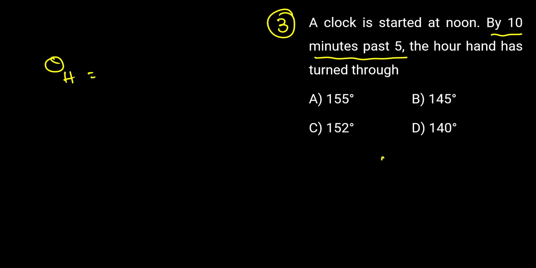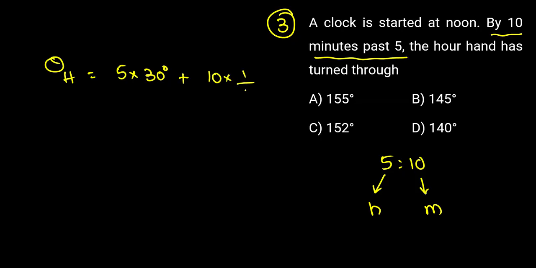Timing is 5:10. Hours is 5, minutes is 10. So each hour is 30 degrees, super. Each minute is half a degree. So what is the answer? 155.